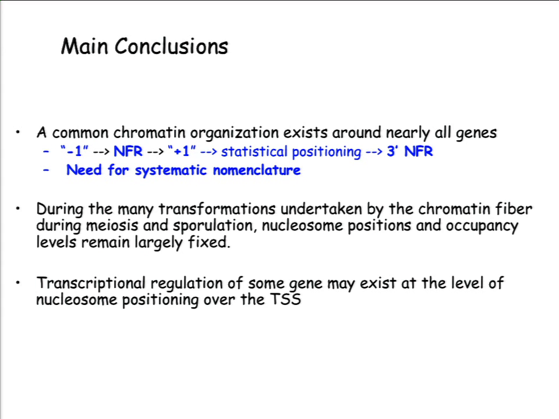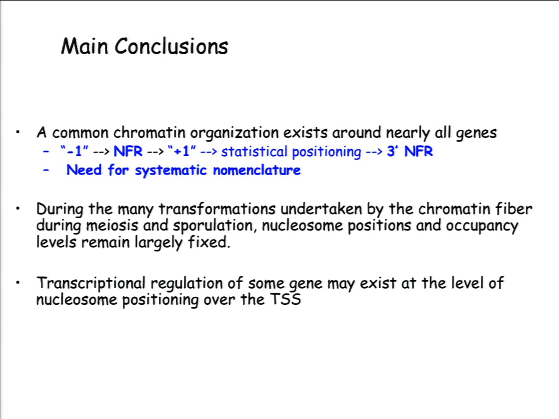And so if you have these nucleosome patterns that are highly regular, the cell is probably going to take advantage of both the positioning of these nucleosomes and the factors that interact with specific nucleosomes. And so we may need a systematic nomenclature for defining which nucleosomes we're going to have in the genome when we look at factor-nucleosome interactions.